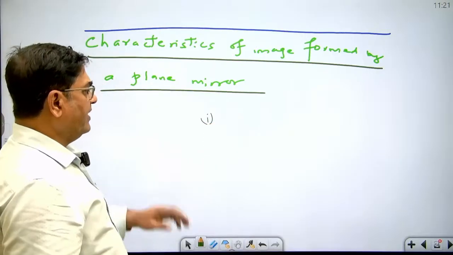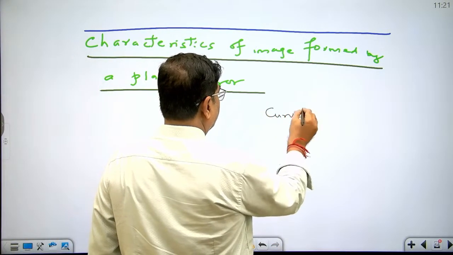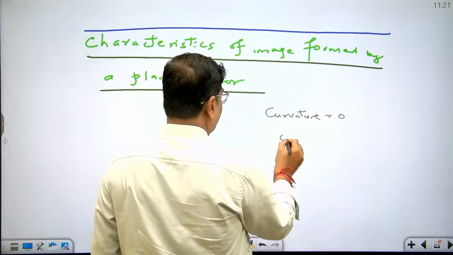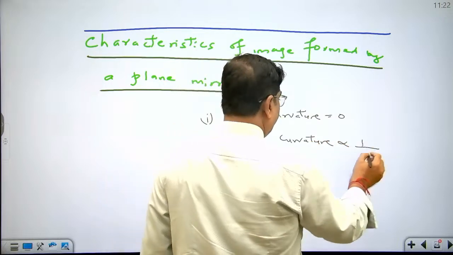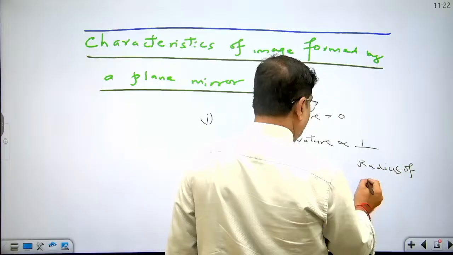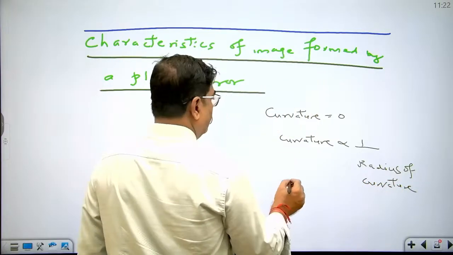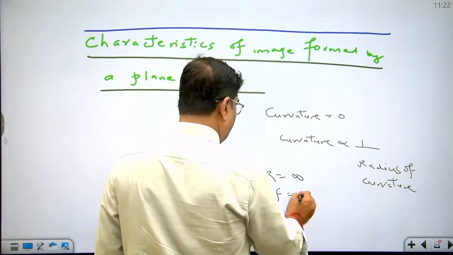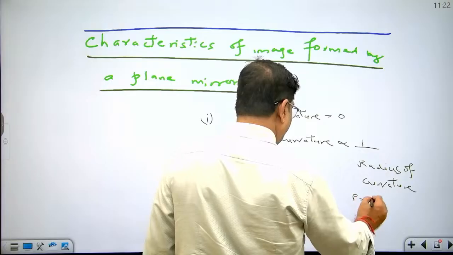See, for plane mirror, curvature is 0, and curvature is inversely proportional to radius of curvature. So dear student, radius of curvature is infinity and focal length equal to R by 2, so focal length equal to infinity, and power equal to 1 by f.